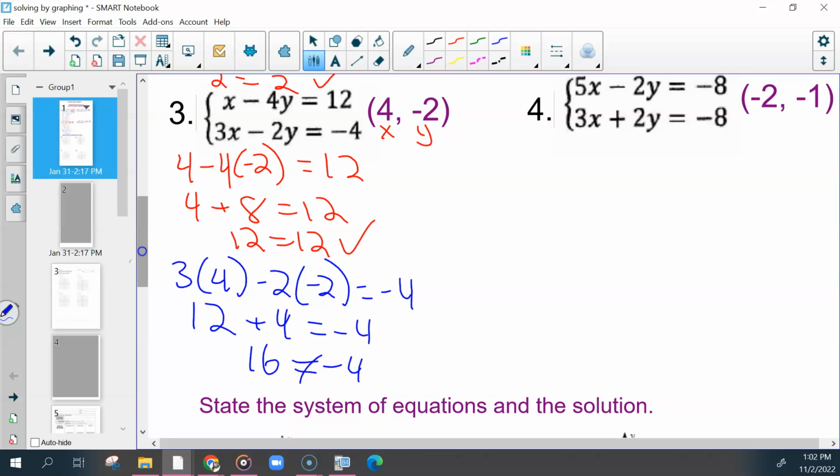But because one does not work, this is not the solution. So somewhere, maybe when we were solving this, we missed a negative or something, so we got the wrong answer. So we have to go back and double check our work. Okay. Questions on 3?